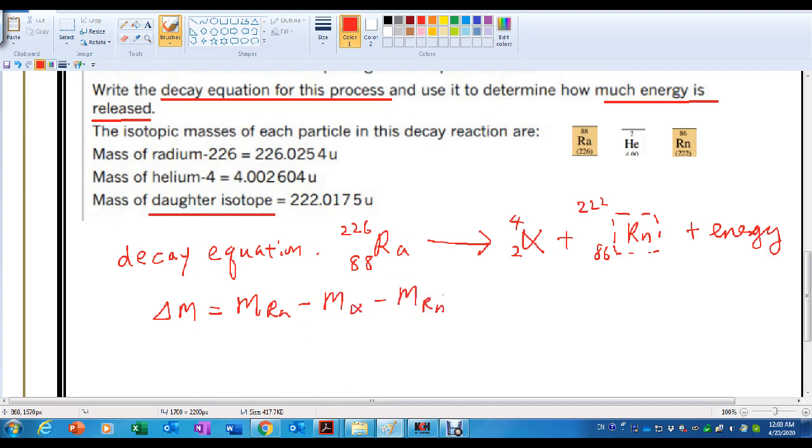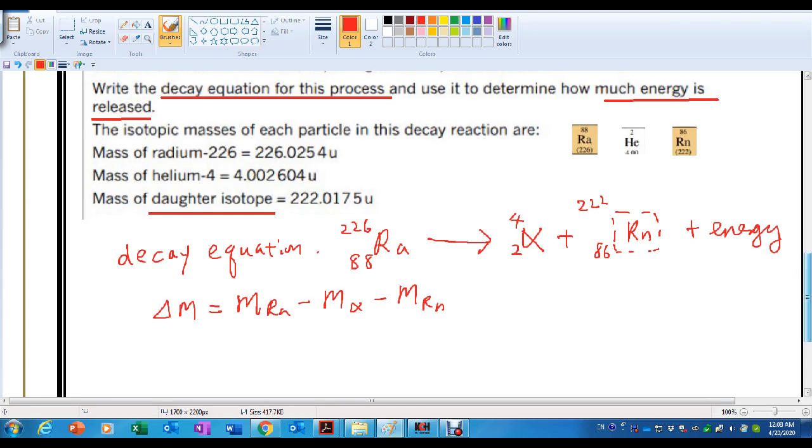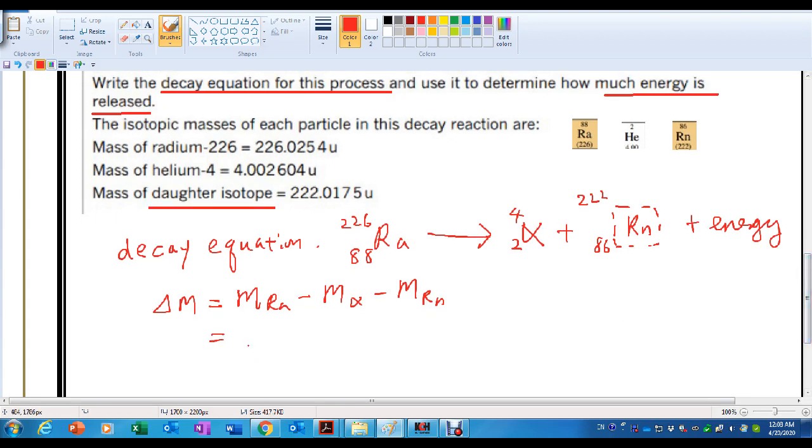The mass of the reactant is always greater, right? So that's Ra, that's radium.